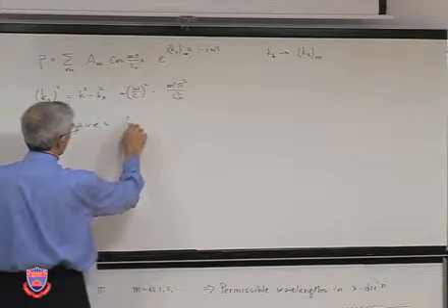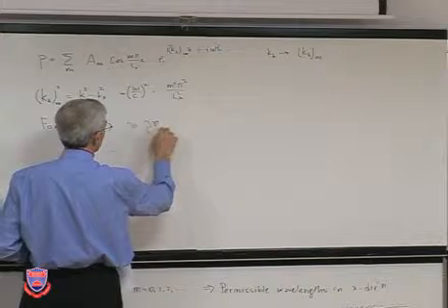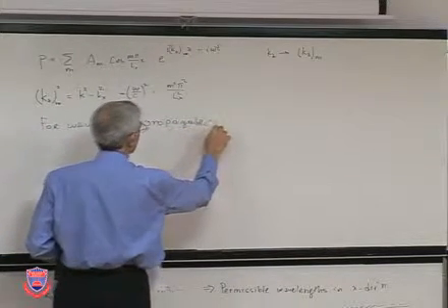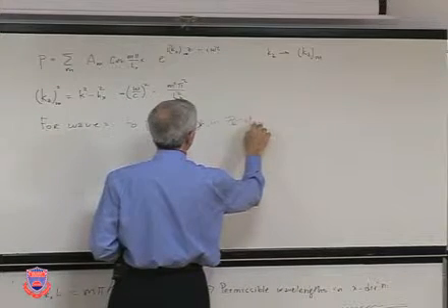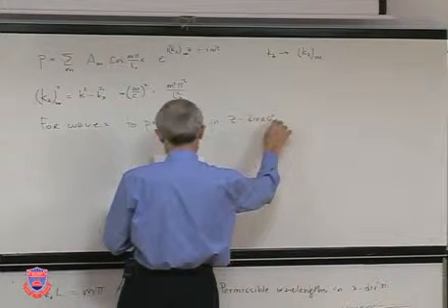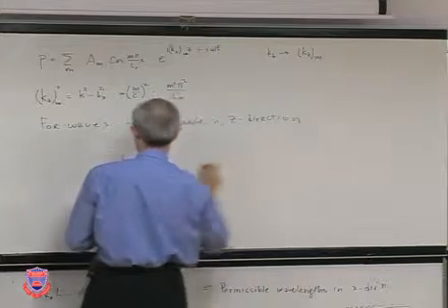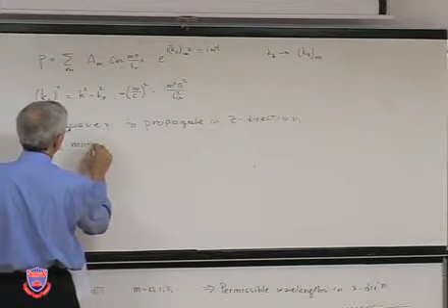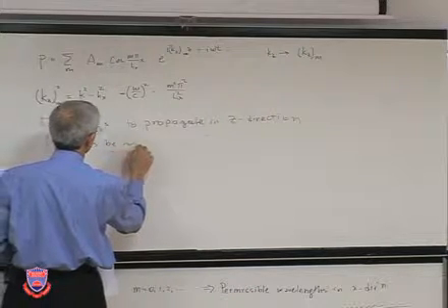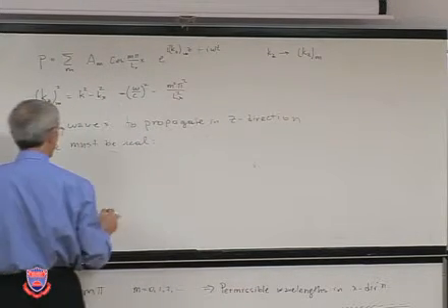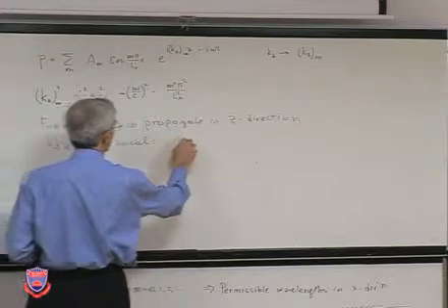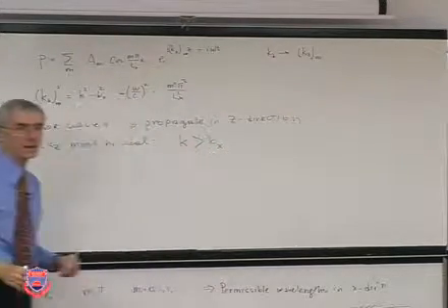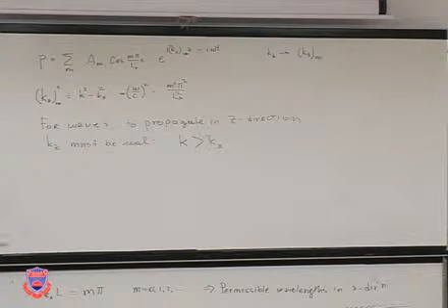For waves, just to summarize, to propagate in z direction, kz must be real. And for kz to be real, that means k must be larger than kx, k being omega over c.